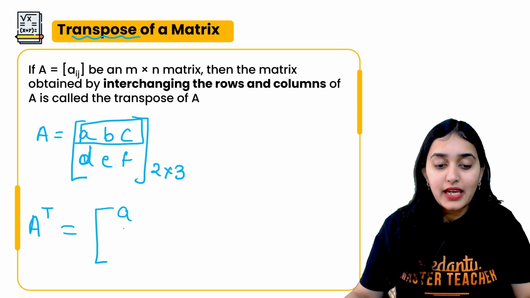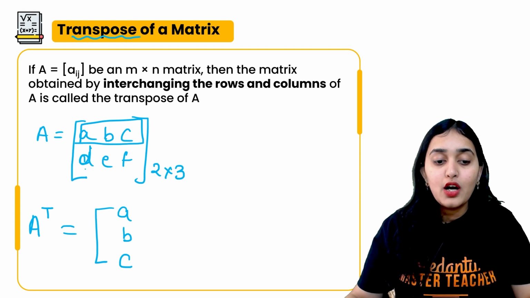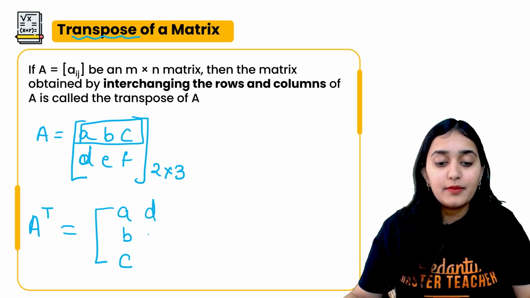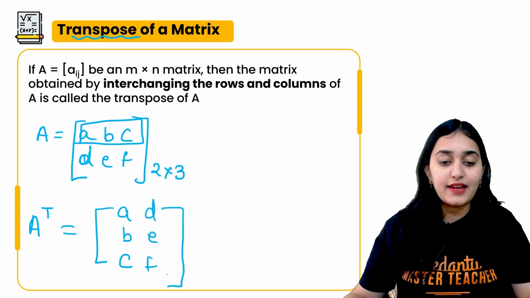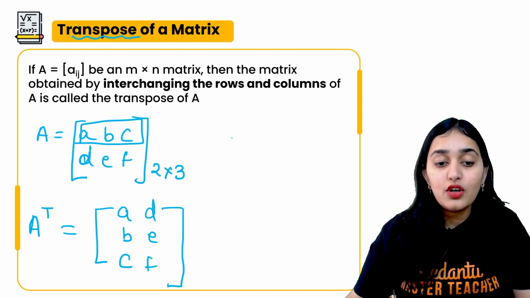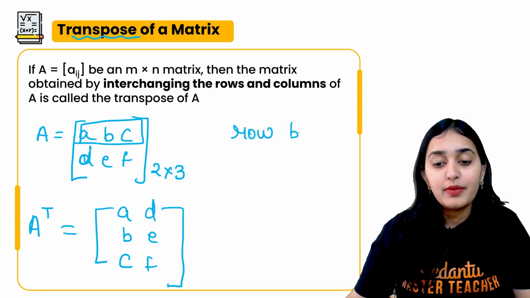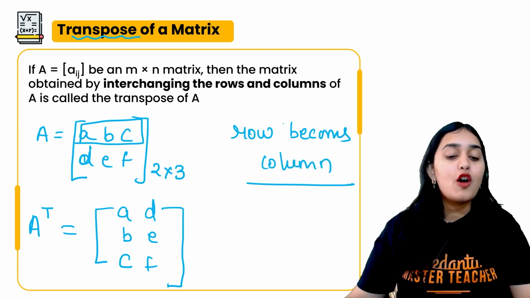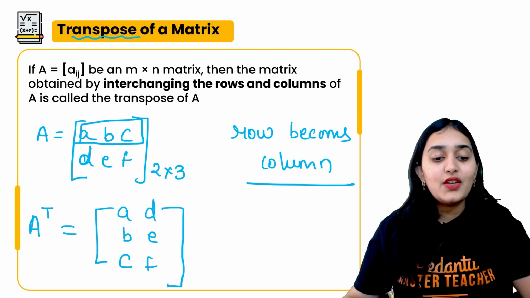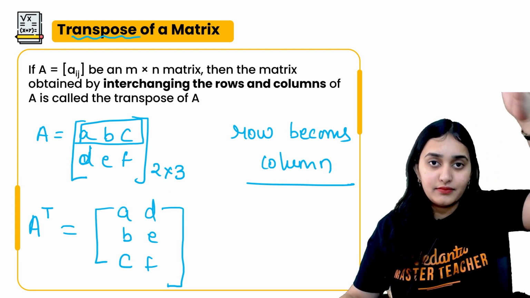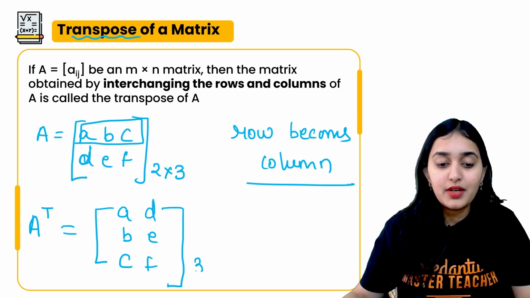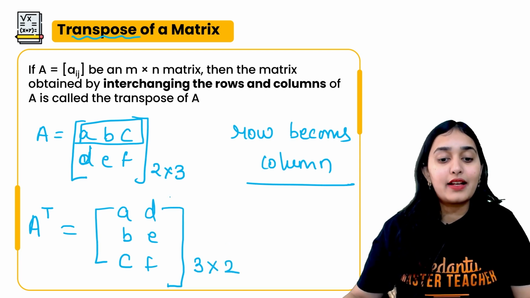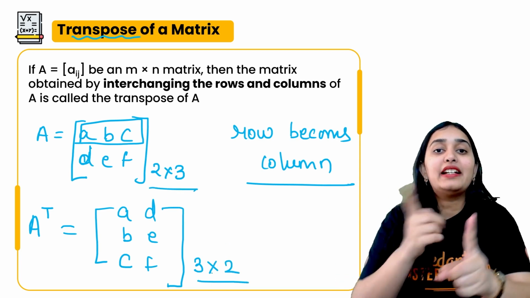So, it will become A, B, C. Row 2 will become column 2. This D, E, F. Now, this is transpose. So, row becomes column in the transpose of a matrix. Simple. So A, B, C, D, E, F will become A, B, C and D, E, F. So it will become a 3 cross 2 matrix. The order will be interchanged.